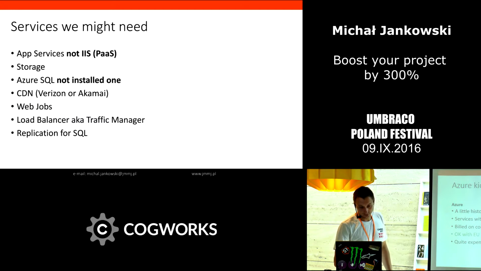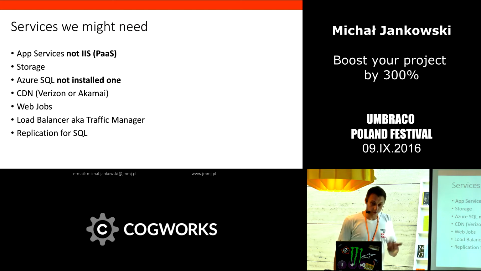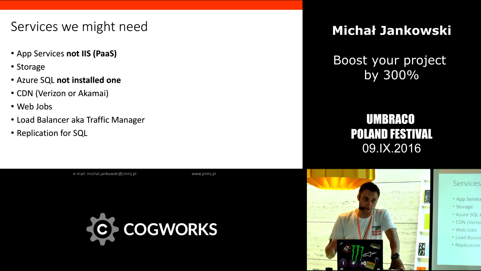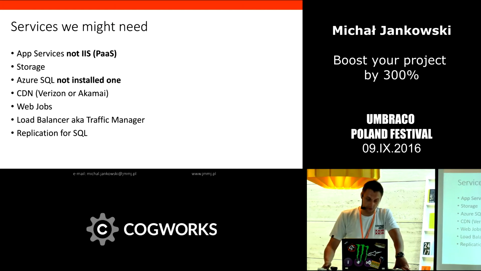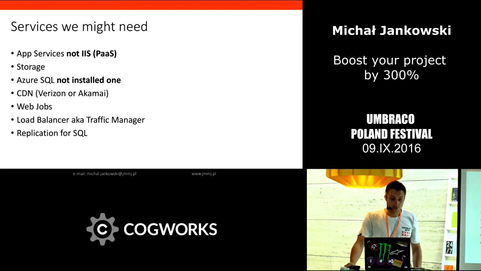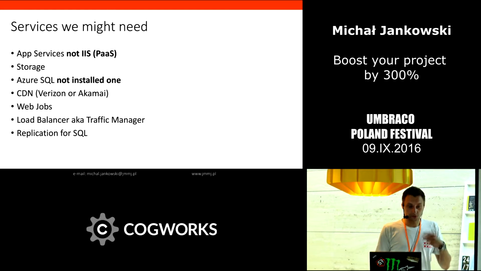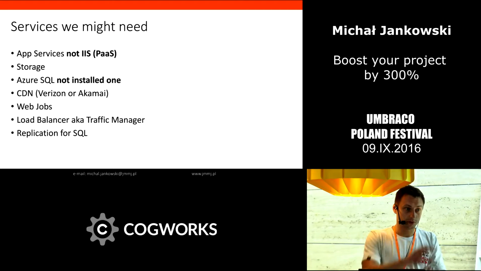All right, that was theory, and now we go to services, what we might need to set up Umbraco efficiently. So, App Services, something which kicked in in 2012. It's PaaS. Does everybody know what PaaS is?